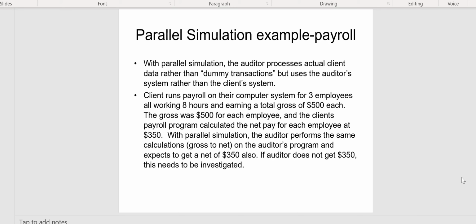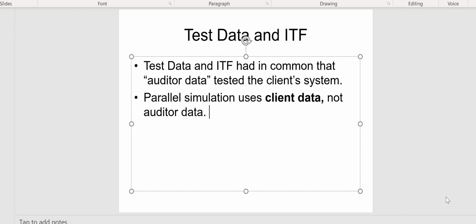But if the auditor does not get $350, this needs to be investigated because one of the two systems has an error. So remember, test data and ITF, they had in common that auditor data was used to test the client's one and only system. Parallel simulation, the auditor shows up with his own system and asks for the client data, and we run parallel, one system against the other, and we hope to get the same results.